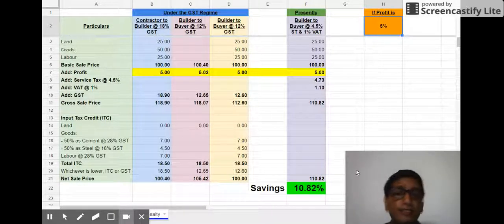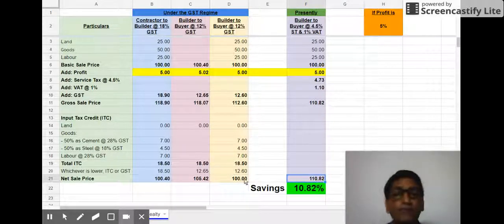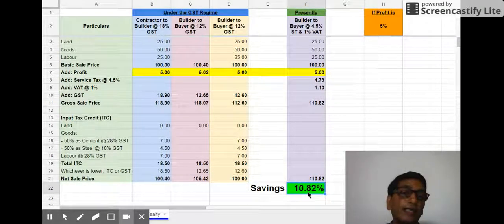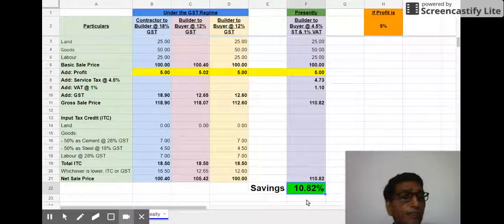When we take 5%, the price goes to 110.82, and compared with the post GST scenario it is more by 10.82%. So my understanding is that the prices of properties will definitely fall post GST, and property prices will be cheaper because of the introduction of GST.